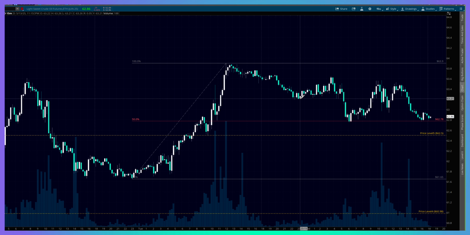Let's say I took a long right here, but I held it to here. It's a negative trade. If I held it to here, or I held it to here, it's a positive trade. What does that tell you? Something super simple. Prices move from support to resistance.